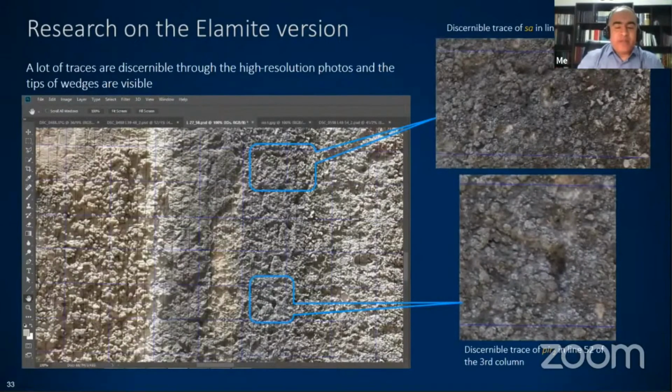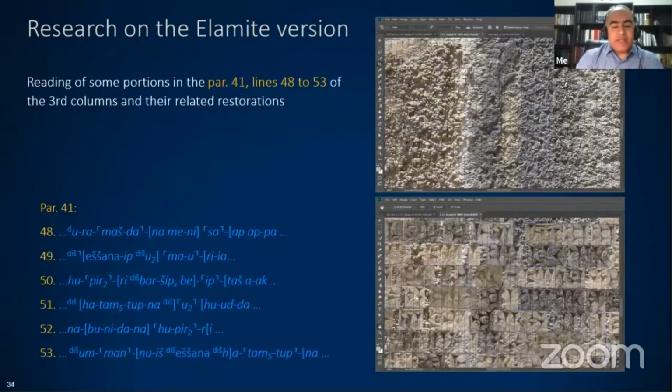Surely it helps us to discern written signs and restore them. It is also worth saying that the reading of columns greatly helps us to estimate the available spaces and restorations filling the gaps. By using this method, we might be able to restore the damaged or even the illegible signs.